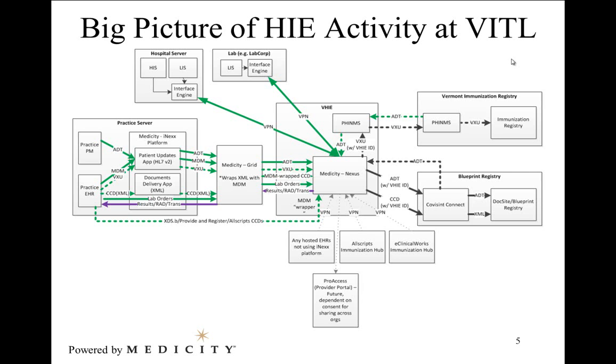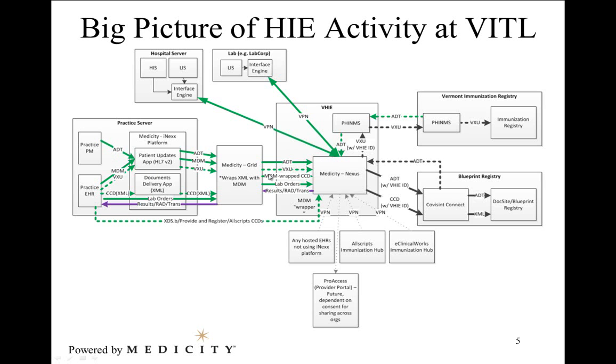From a big picture perspective, we have a lot of connections, so that's one thing to notice about this diagram. The second is that we have arrows pointing in different directions. So we have arrows that are pointing to the VHIE, and you can see the VHIE is marked here. So we have arrows pointing to and from the VHIE.